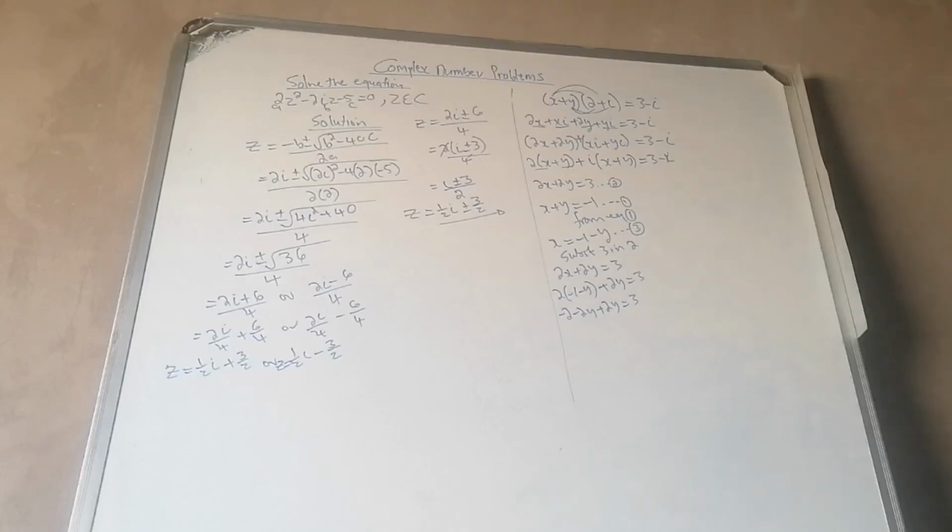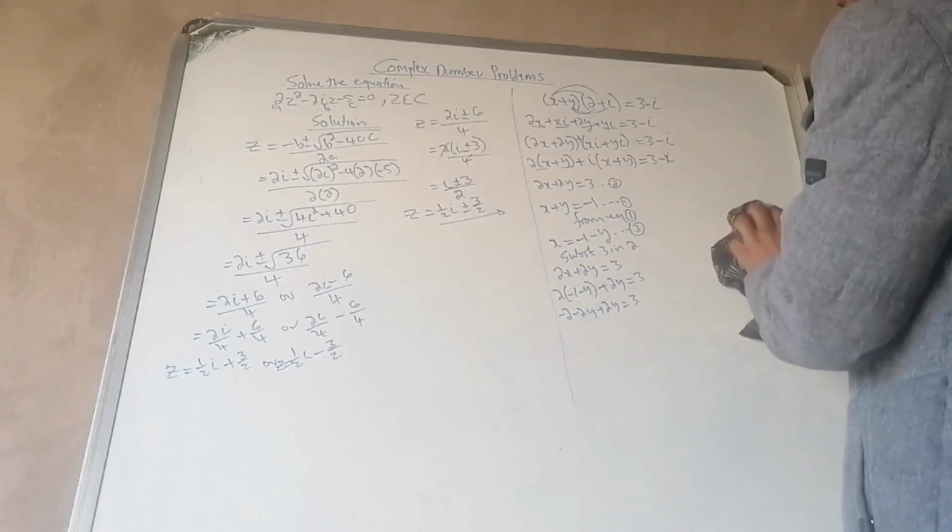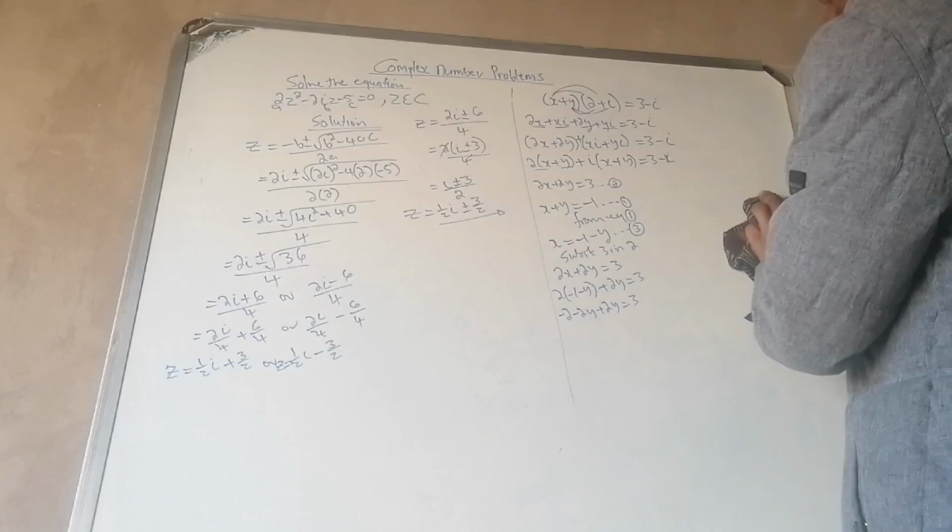Now, let us look whether I multiplied correctly here. Let me check. X plus y was the problem. Oh, sorry, wonderful people. I am so sorry. I think I'm the one who made a mistake.